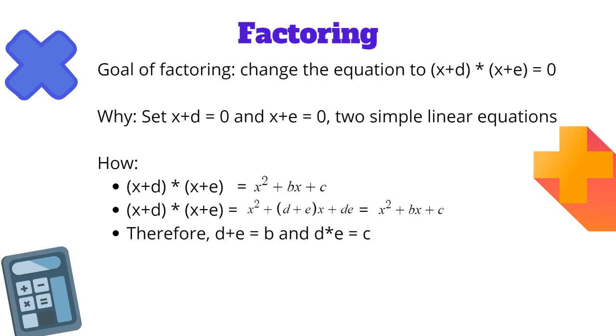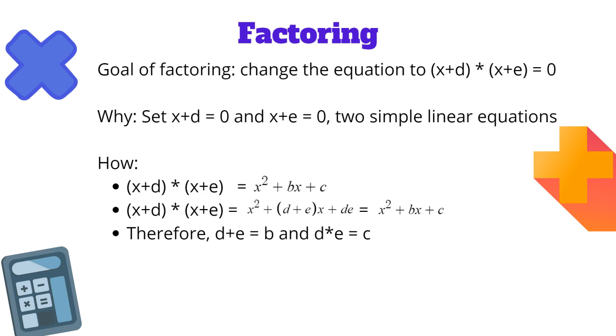Now, in the second step, you'll see that if we expand x plus d times x plus e using the distributive property, we'll get x squared. Then our middle term will be the quantity of d plus e times x. And then our final term will be d times e. And as I said before, that has to equal x squared plus bx plus c.